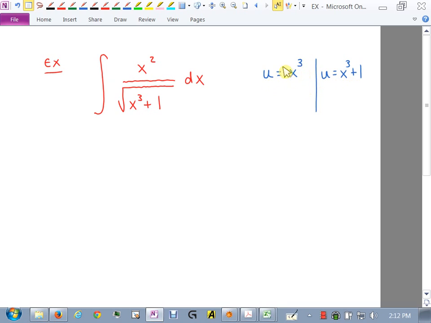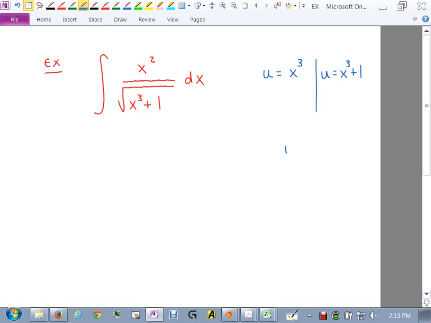If I use this one, when I replace this, I'll have U plus 1 in here. And then I have the square root of U plus 1, which is still crappy. But if I use this, then I replace the whole thing with U, and then I have the square root of U. Square root of U is just U to the -1/2. Do you see the difference?